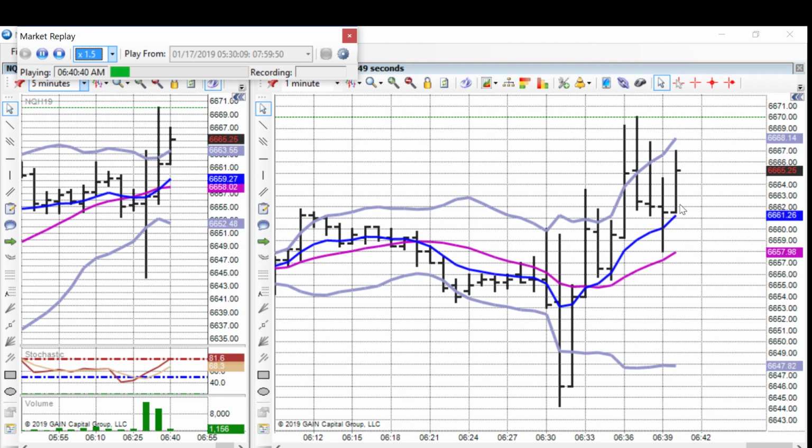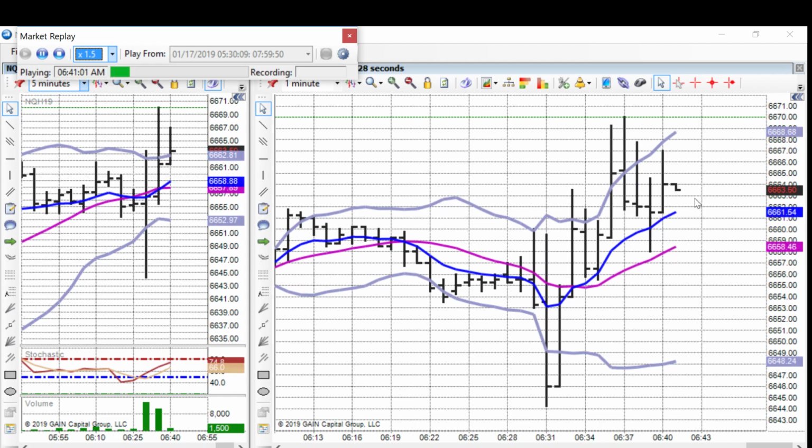It hasn't quite hit it yet. 1, 2, 3, 4. Just barely hit it, but that probably wouldn't have got us out of the trade yet. Sometimes these can try your patience, even though it's just a minute of time, it seems forever if you have actual money on the line.